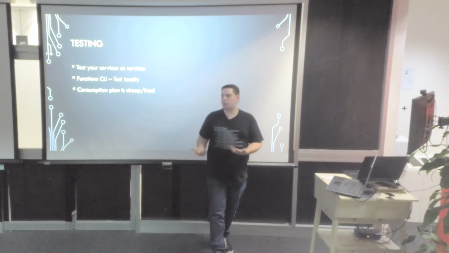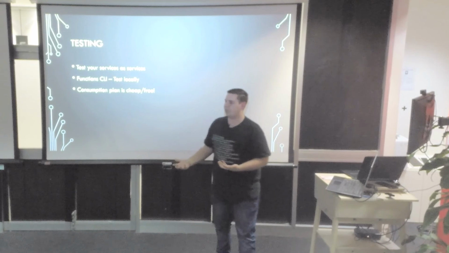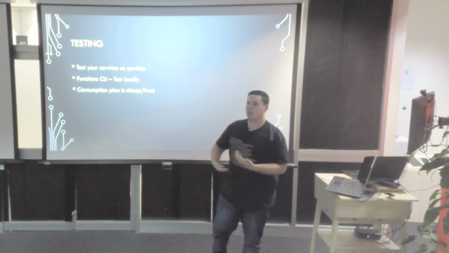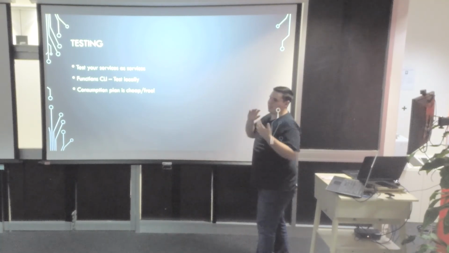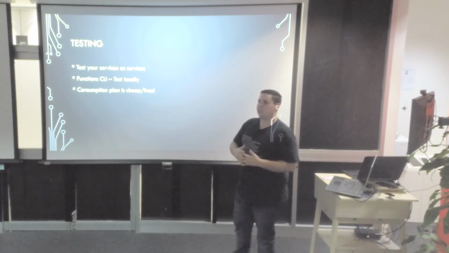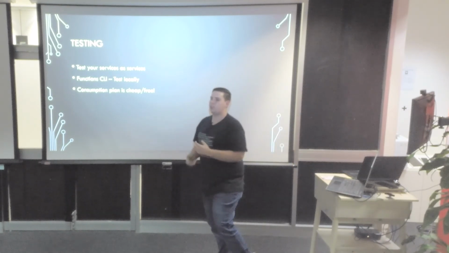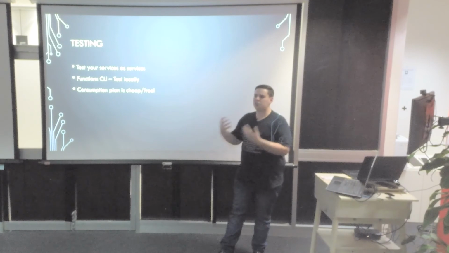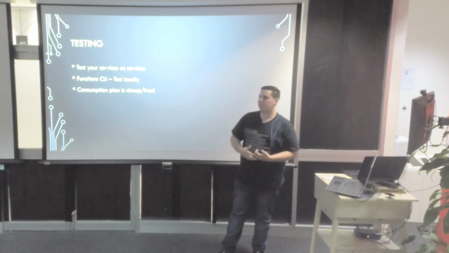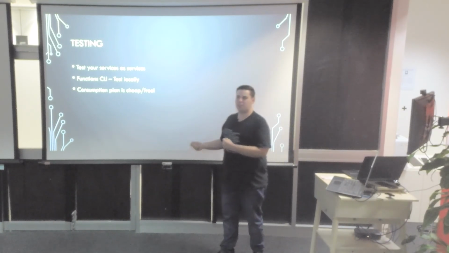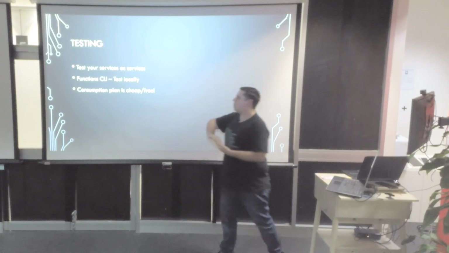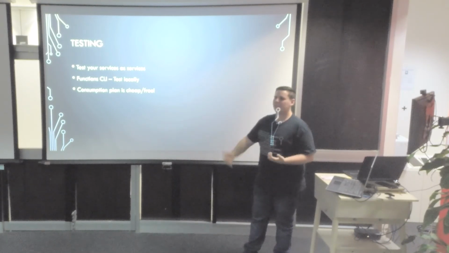That leads to a lot of problems. You need to start looking at service locator methodology to actually hook up services. That's a pain. If you begin to design your services as services and use functions as glue, then you test your services. The bulk of your logic should be within your service anyway, not within your function method call. Function CLI, test locally.